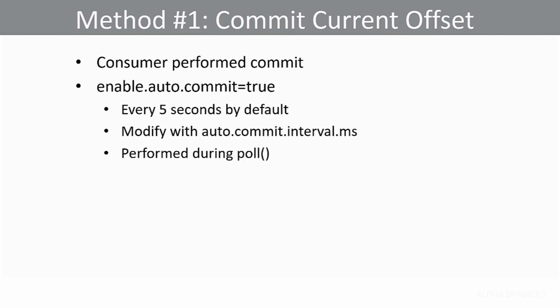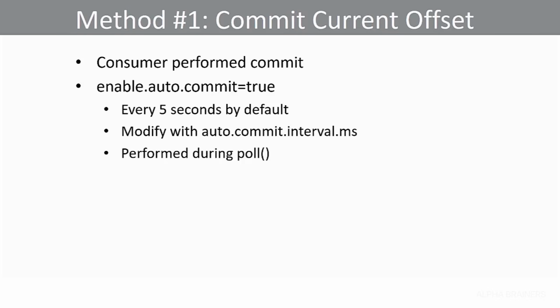So let's say we have a really active broker that has hundreds or thousands of new events taking place on the partition every second or so. Let's say that our polling operation is every 100 milliseconds. So we're pulling a lot of records into the consumer, and we're updating our offset quite a bit, but we're not going to update the commit value until 5 seconds have gone by.